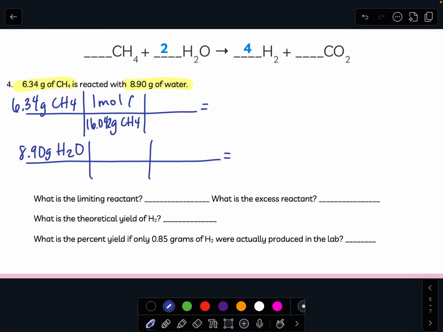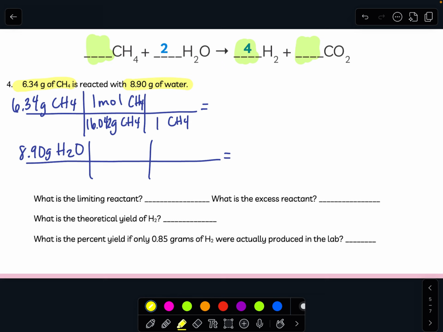Now that I have moles of CH4, I can use my mole ratio. Since I have CH4 on the top, I know I'm going to put CH4 on the bottom. In my balanced equation, there's just one of those. Now, I have to decide here what I'm going to put on the top. Am I looking at the 4 hydrogen or am I looking at the 1 carbon dioxide?